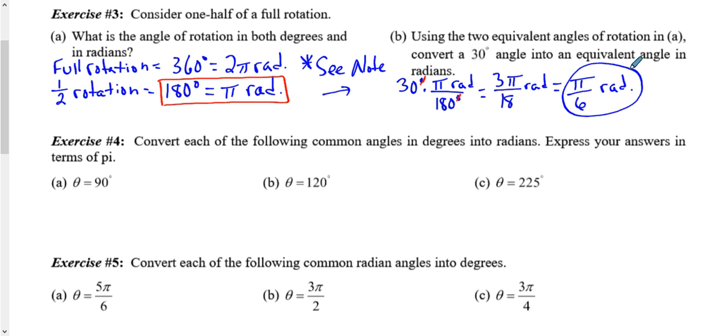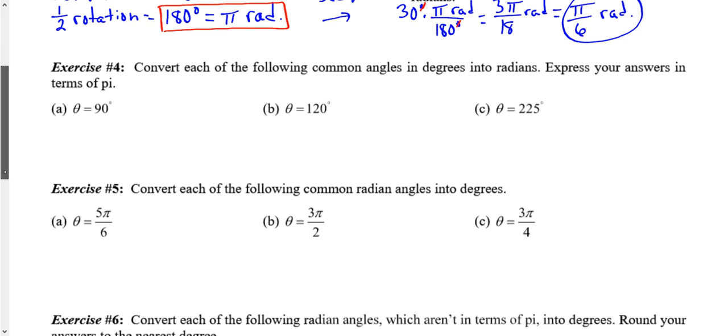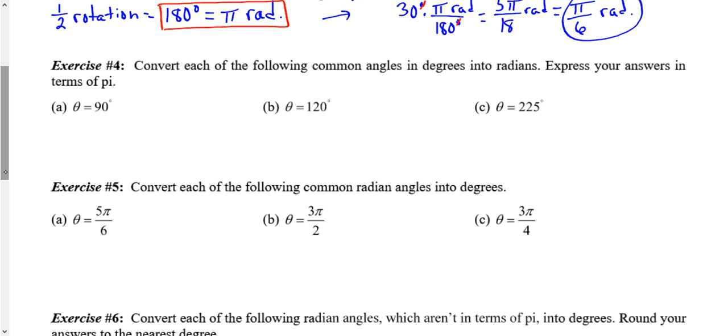All right? So let's do an example. We already did 90, didn't we? Back on the other page. Okay? So we took our 90 degrees, right? Times pi radians over 180 degrees, right? We did this one. And what did we end up with? Pi over 2 radians.